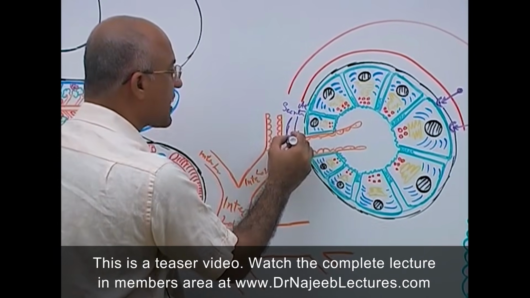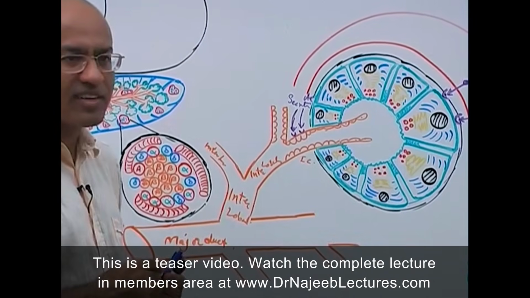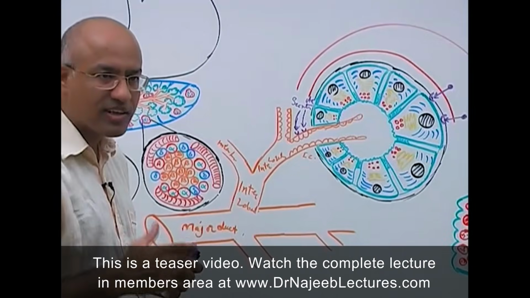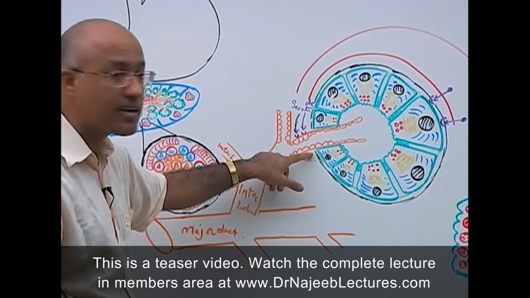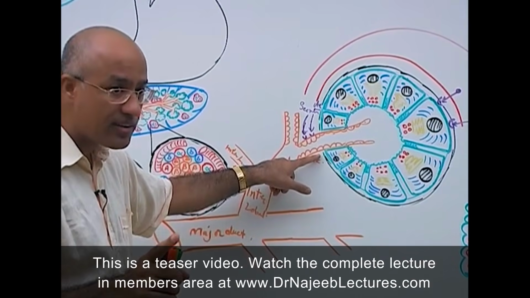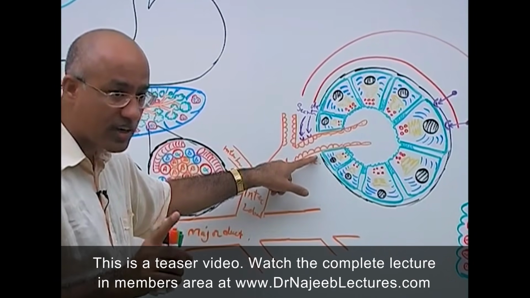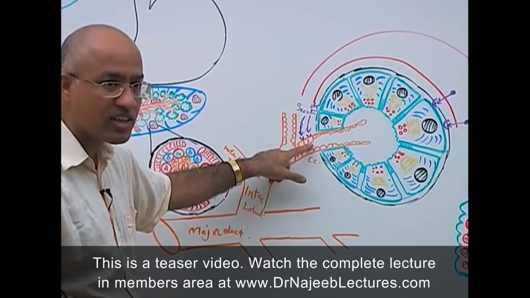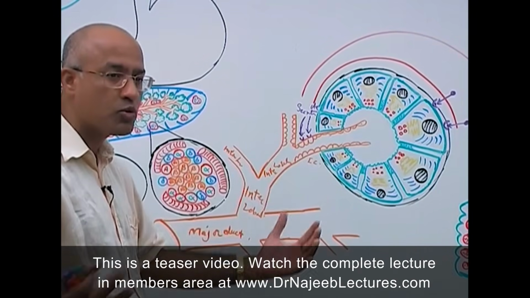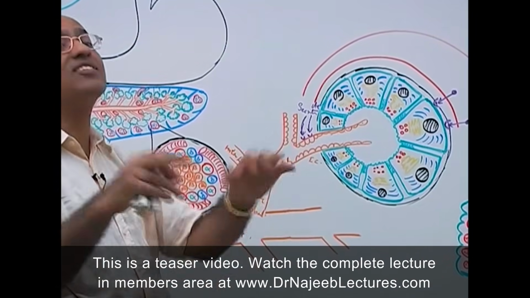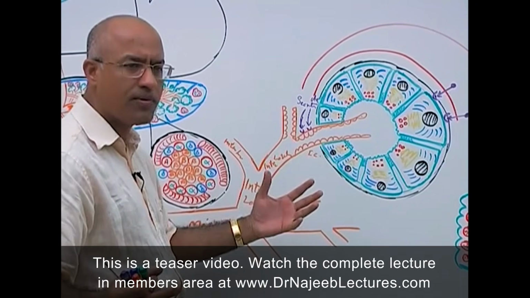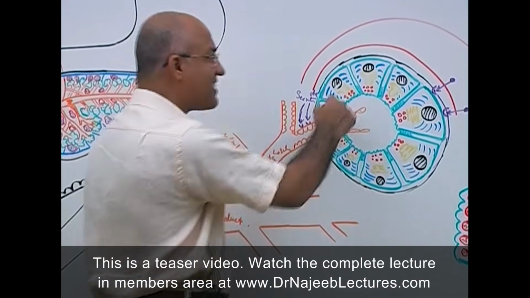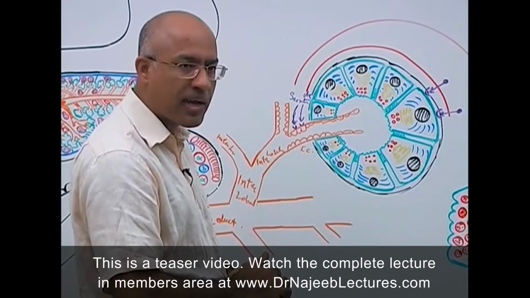You must know that secretin is produced by the S cells of the intestine, and secretin through the blood will reach the pancreas and act on the pancreatic ductal cell, especially which cell? Which duct? Intercalated duct. And when intercalated duct cells are stimulated, they produce a profuse amount of watery alkaline secretion, because these ductal cells secrete a lot of bicarbonate. But these acinar cells do not secrete bicarbonate.